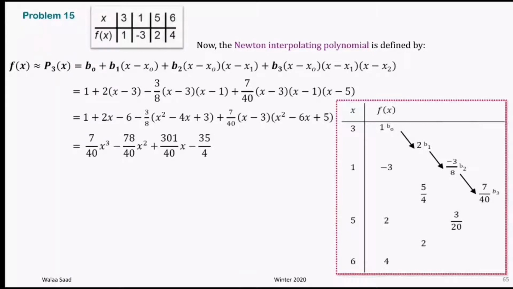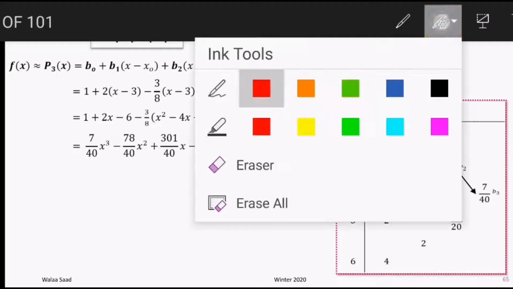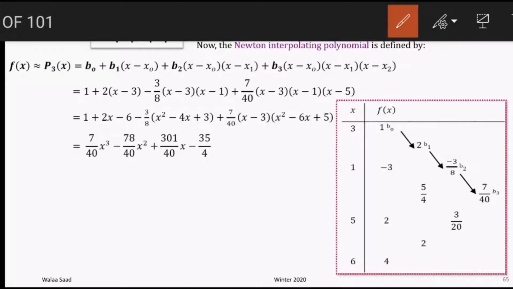After constructing the table, we would pick up the coefficients like here. So we take the forward coefficients starting by y naught as b naught, and then 2, negative 3 over 8, 7 over 4. We will substitute b naught, b1, b2, and b3. And then the b naught is the 0-degree polynomial, so it's times x to the power of 0, which is 1.